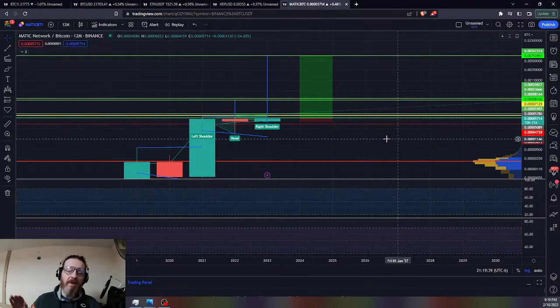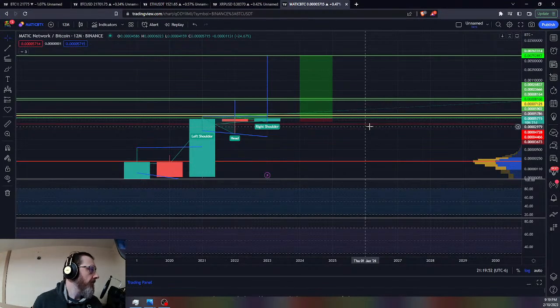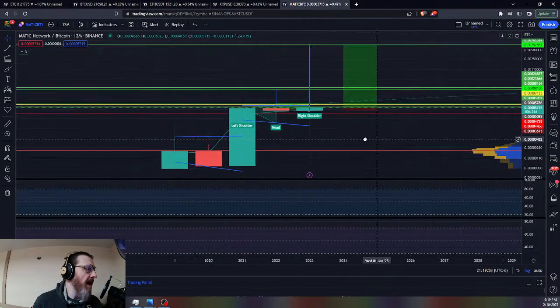So don't be surprised, folks, if you're not holding Matic, if you don't have a little bit, if you're not even trying to trade it. It's a very tradable asset as well. Yeah, it's been a fun one to play with over the last several months, and it did bottom out early.